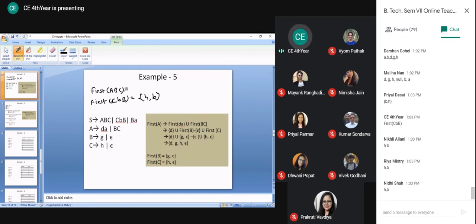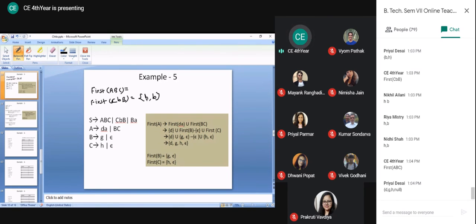Okay, then we have to calculate first of ABC. It depends on first of A: D, G, H and null.